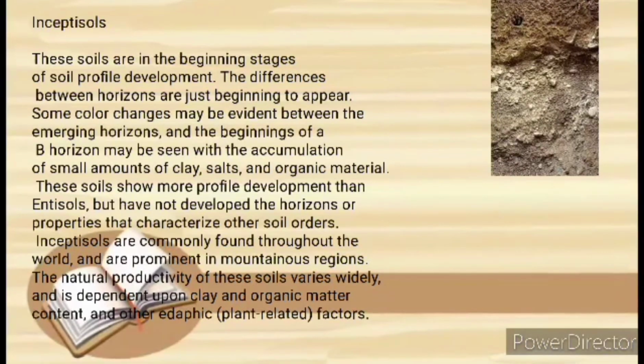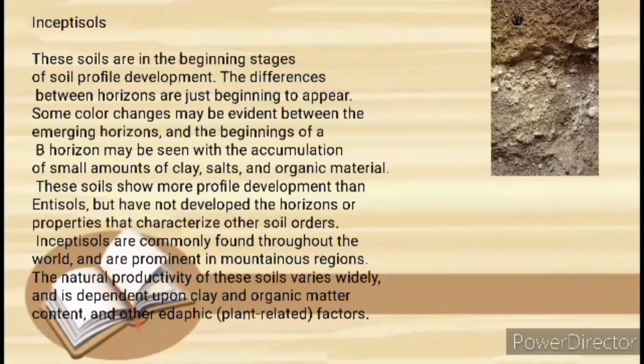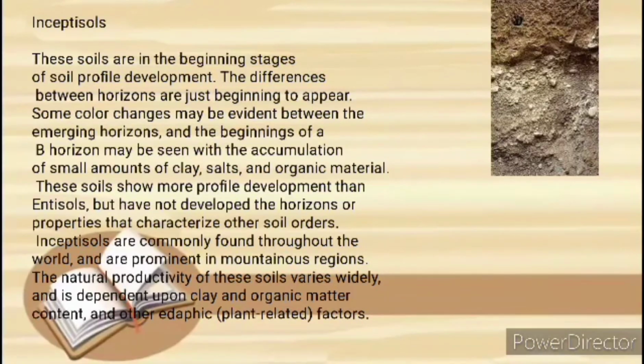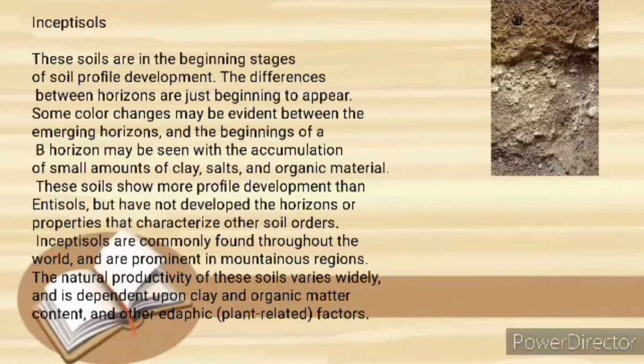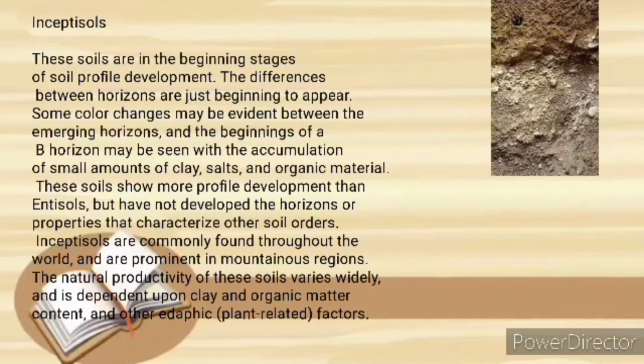So, inceptisols. These soils are in the beginning stages of soil profile development. The differences between horizons are just beginning to appear. Some color changes may be evident between the emerging horizons, and the beginnings of a B horizon may be seen with the accumulation of small amounts of clay, salts, and organic material.